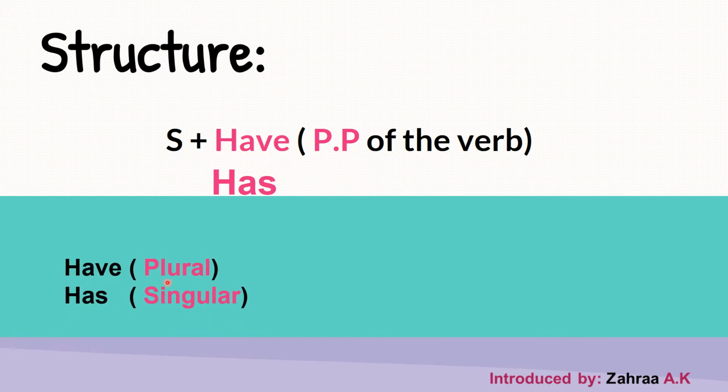Have for plural, has for singular. إذا كانت الأسماء جمع أو ضمائر تشير للجمع، اللي هي they، we، I، راح ناخذ have. Has for he, she, it, or nouns that refer to the singular.